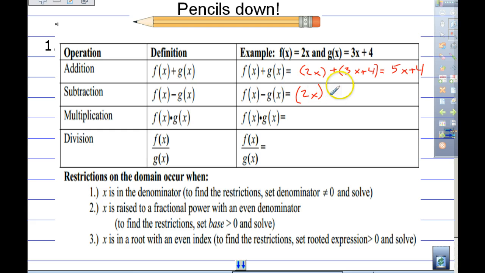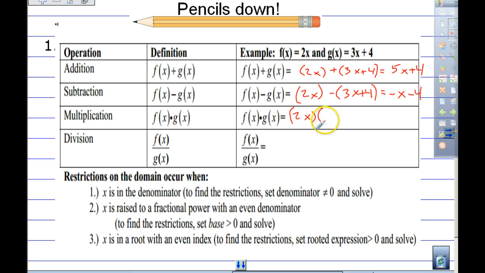Subtraction. And what do we get here? So distribute the negative, of course. Negative x minus 1. What about multiplying?